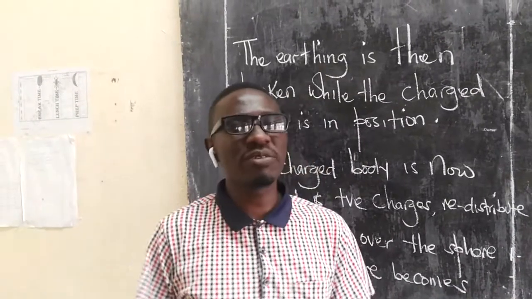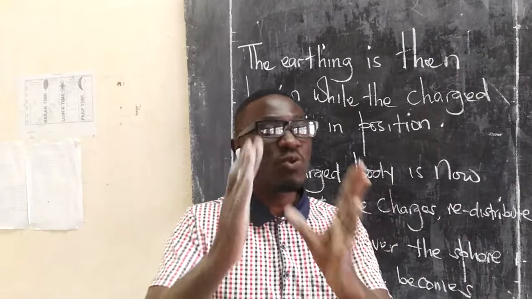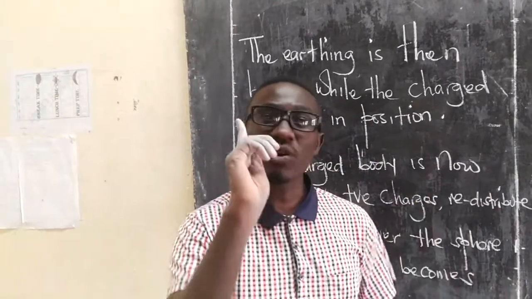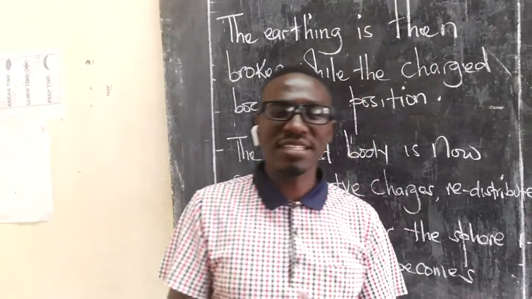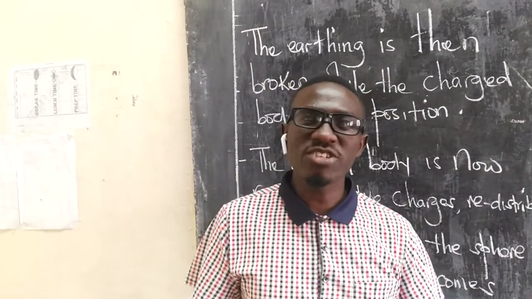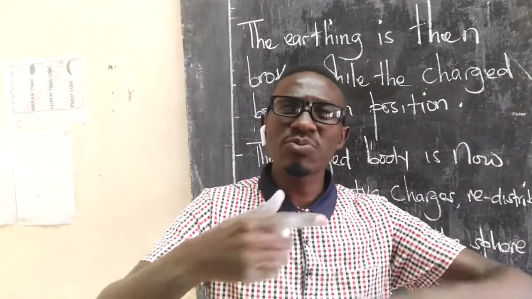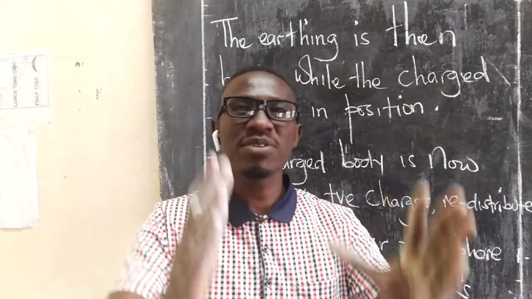Electrons will flow to the ground. You get me? So that means you will leave the sphere with only positive charges. So what happens next? You break the earthing. So when you break the earthing and then you remove the charged rod, the positive charges will distribute themselves all over the sphere, and then the sphere shall be positively charged.